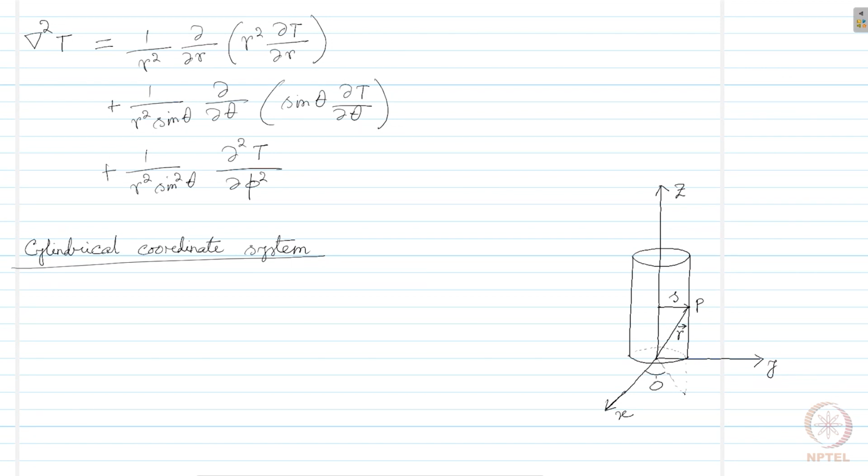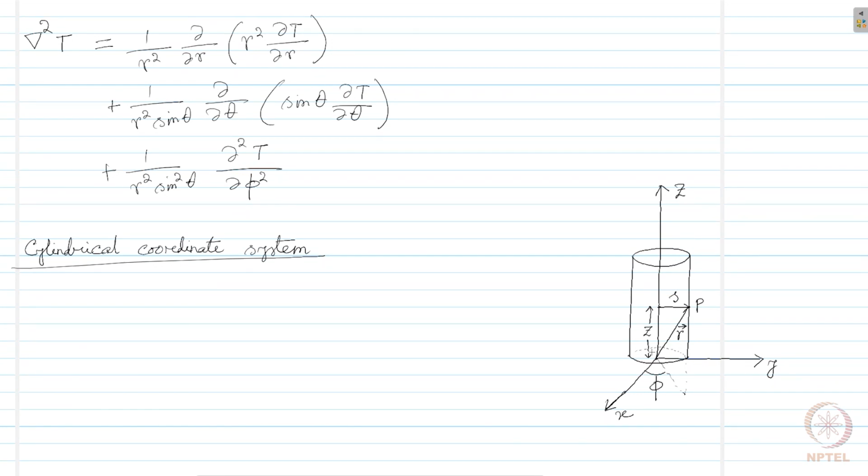That angle is phi, and the z component of that position vector is called z. So, z is also there in cylindrical coordinate system.